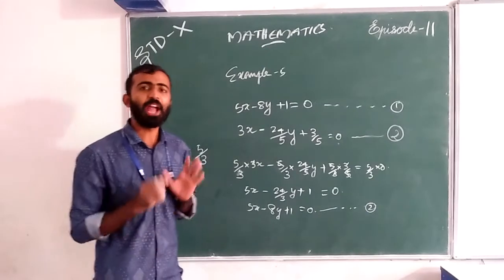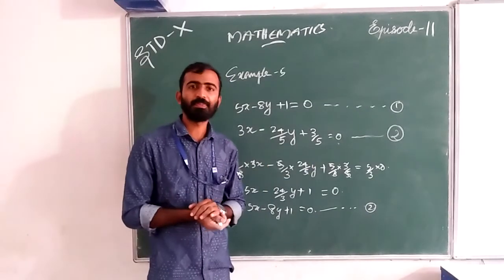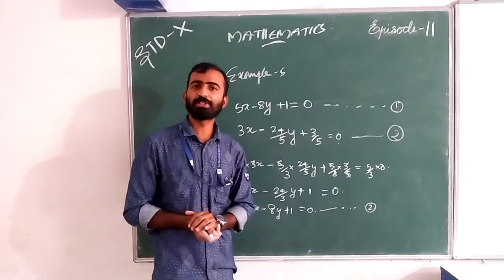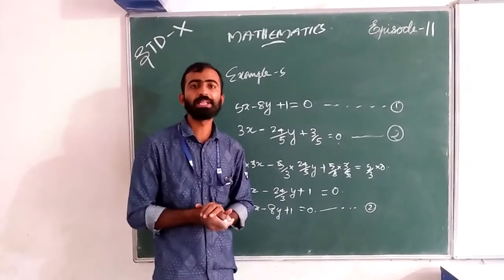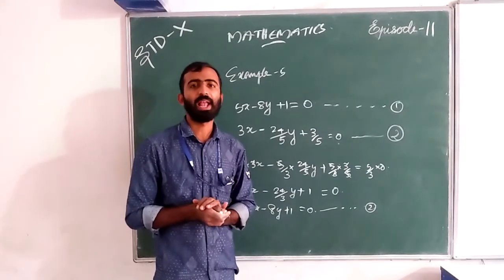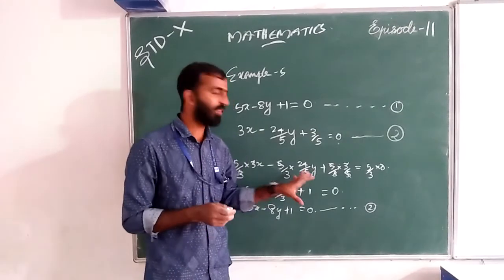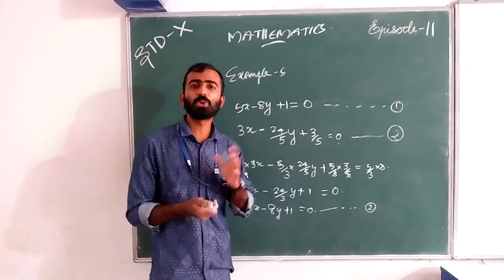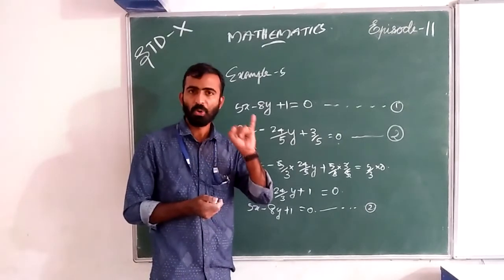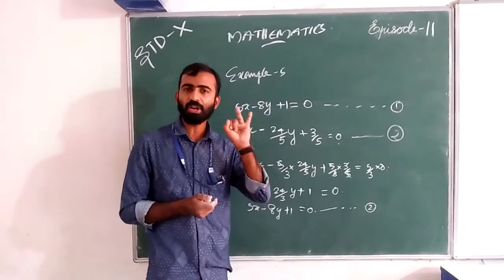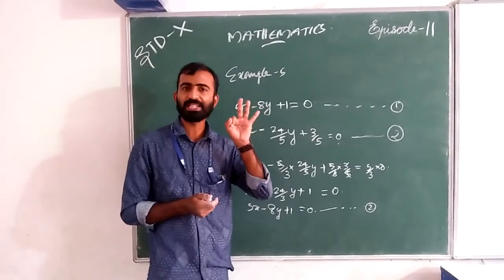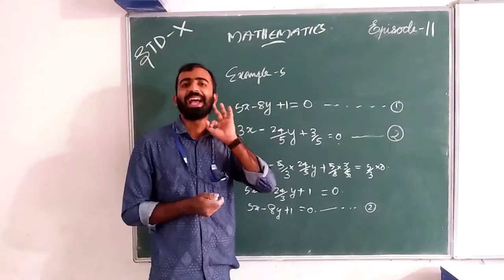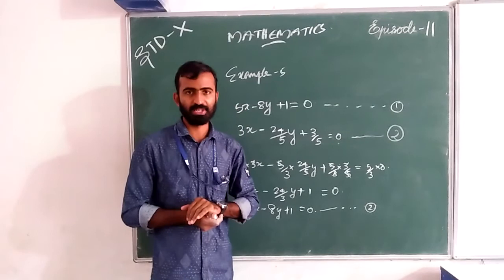So the graph is coincident. How many solutions does it have? Unique, no solution, or infinite solutions? The answer is infinite solutions.